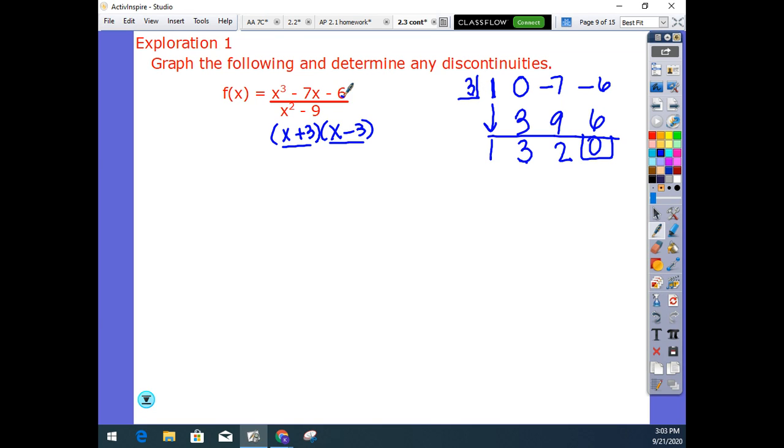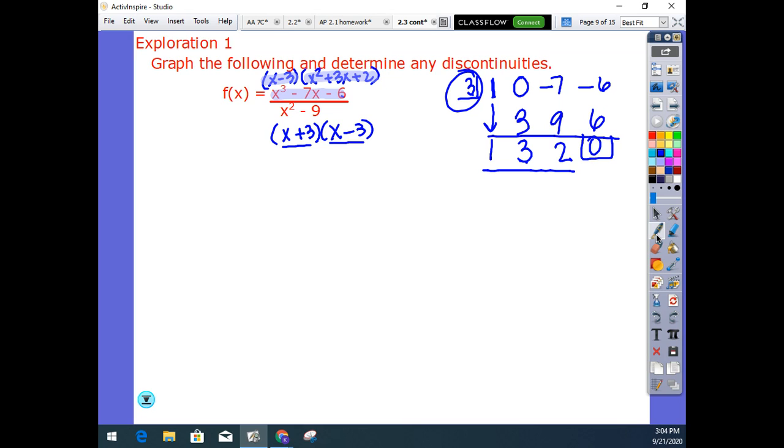So that means I can factor x minus 3 out, and this is my leftover: x squared plus 3x plus 2. So if I take x minus 3 times x squared plus 3x plus 2, I get this polynomial.